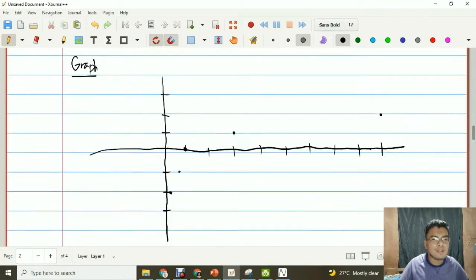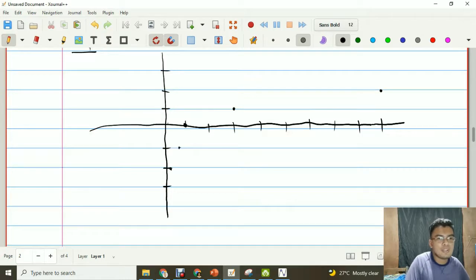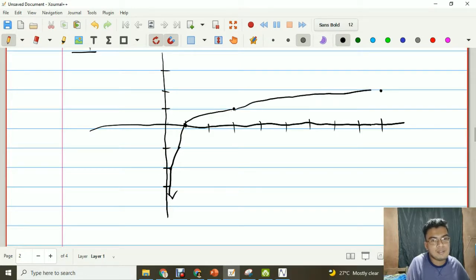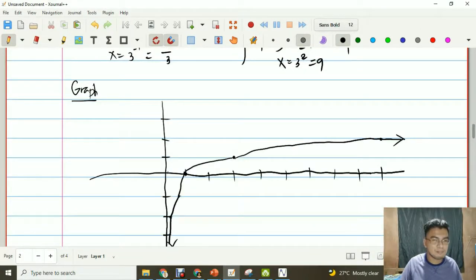And after plotting the points, we connect the dots using a smooth curve. So, sorry kung hindi smooth yung aking pagkaka-connect. Yan. So, this is our graph for the given logarithmic function.